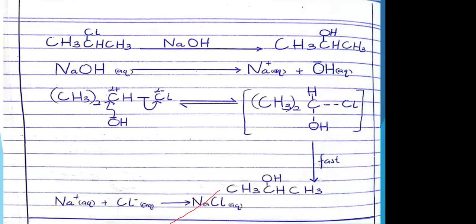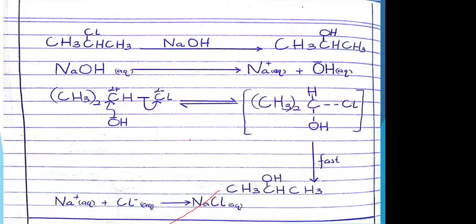What's wrong with mine? So this compound that I put in the bracket, that is the species in the rate determining step, whereby we have chloride partially breaking, and then we have the hydroxyl group partially forming, and then we shall have it breaking completely. I forgot to put an arrow on this chloride here. Let me try to make it somehow.